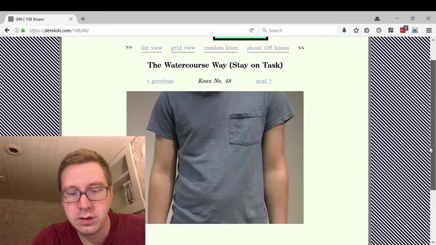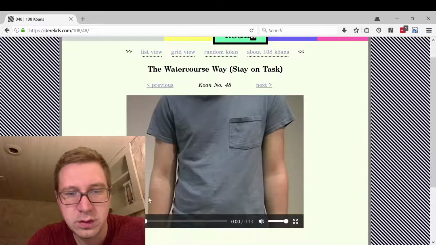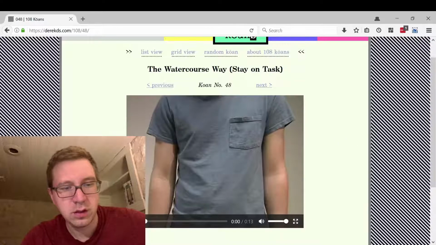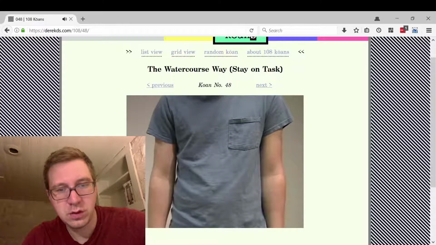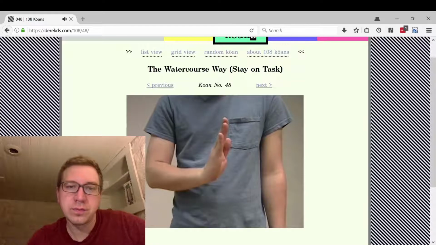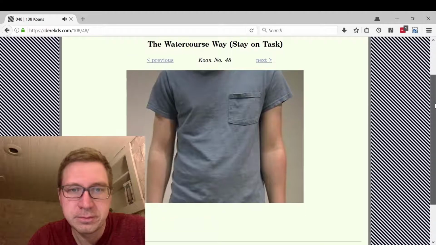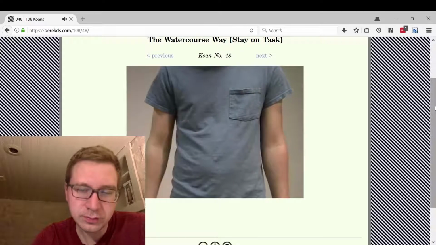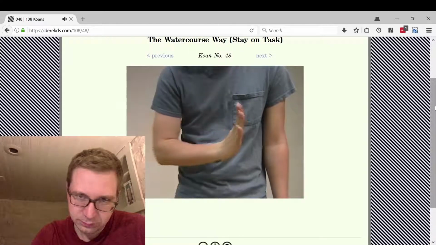Koan number 48, the Watercourse way, stay on task. I made this gesture when I told him that I was trying to stay on task, but I should have made this gesture.